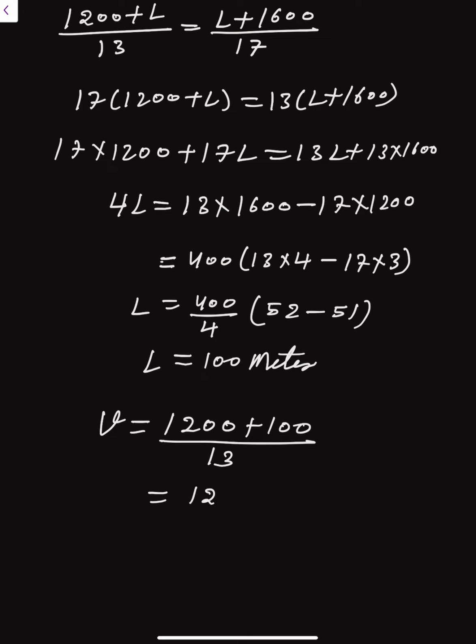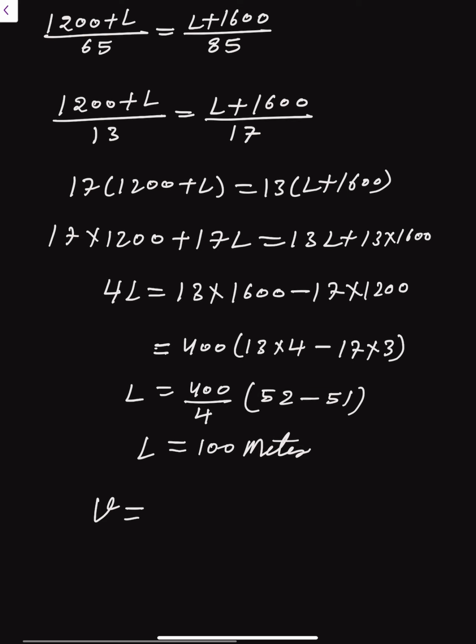This is 1300, 1200 plus L. So basically you can say that 1300 divided by, sorry, basically V is here, this value. Sorry, silly mistake here. 1200 plus L divided by 65.